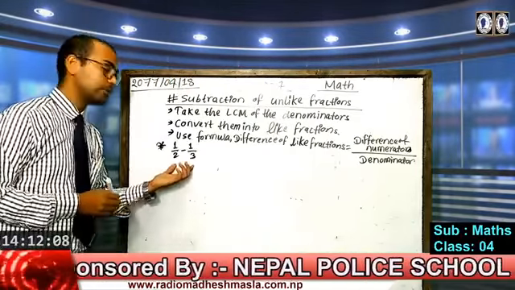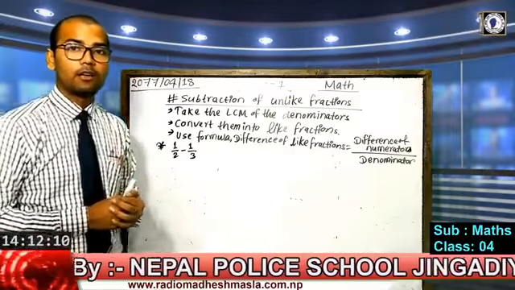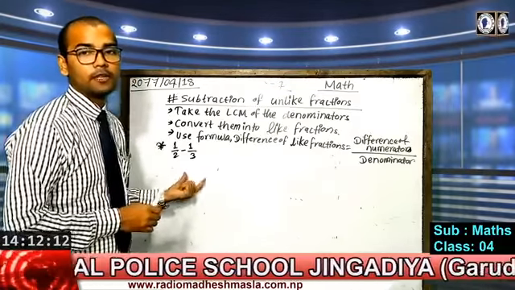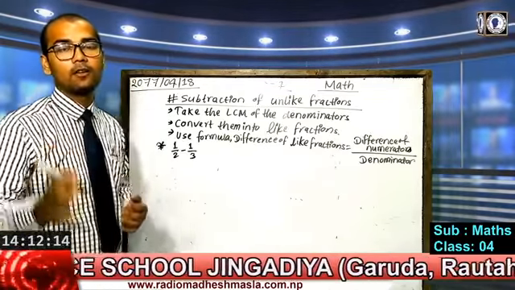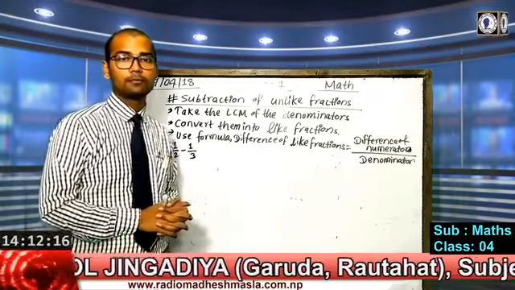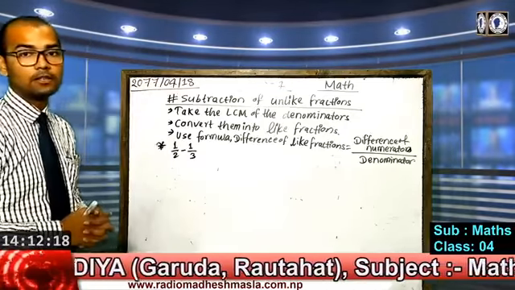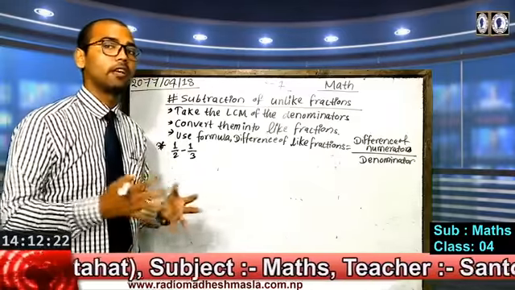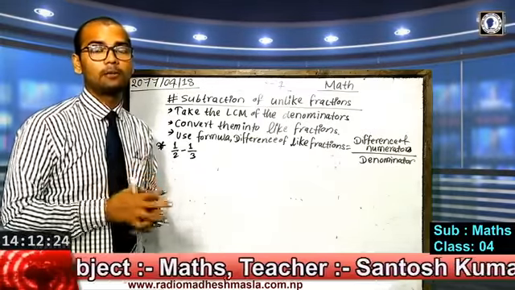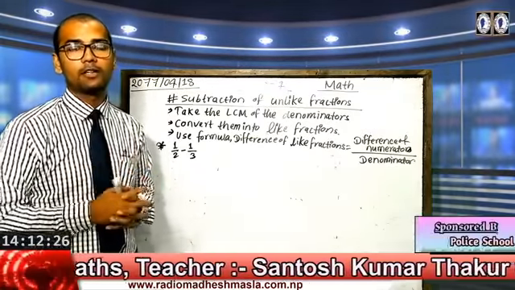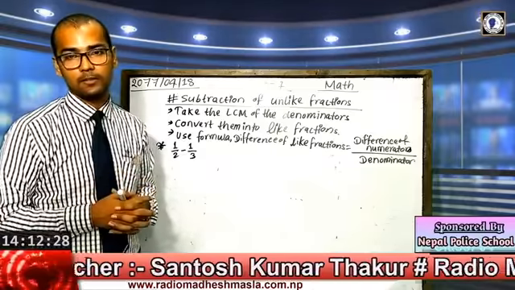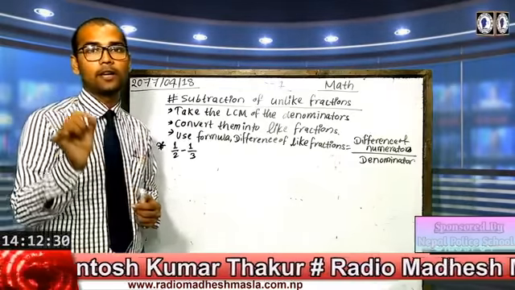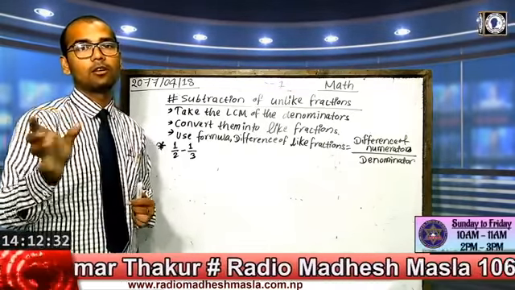So students, first state whether the given fractions are like fractions or unlike fractions. Because in your exam you won't be told to find the LCM or find the difference of like or unlike fractions. They are only given: find the difference of the following fractions.